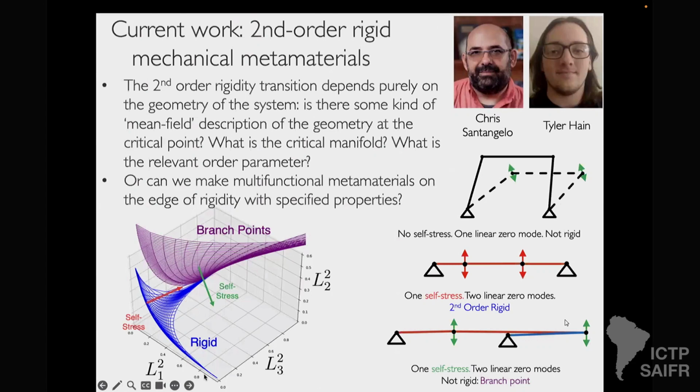And there are 2 important points here. One is that the states of self-stress, you can prove, and it's maybe obvious from what I've said earlier, are normal to these critical manifolds that we're interested in. So that's a useful fact.